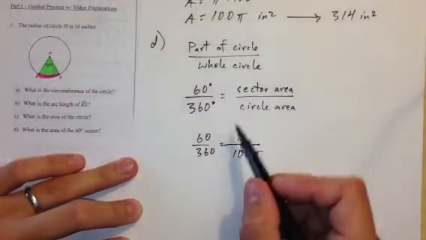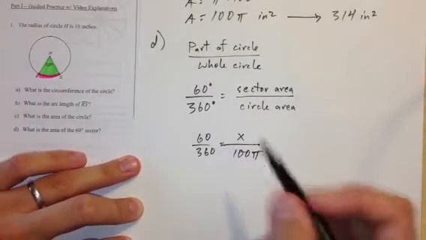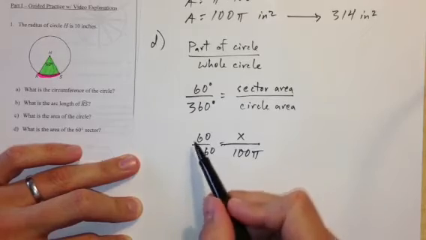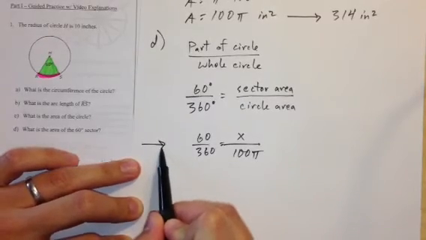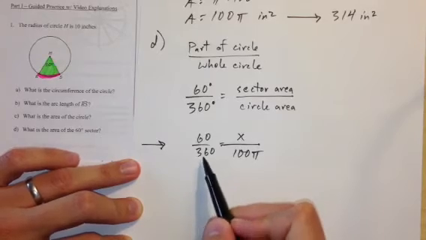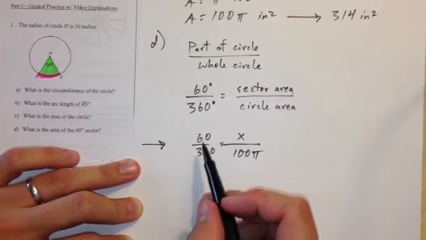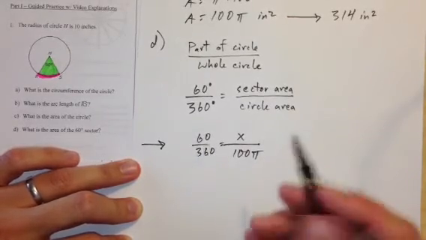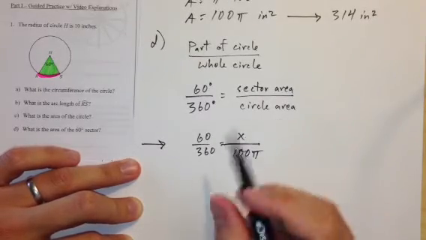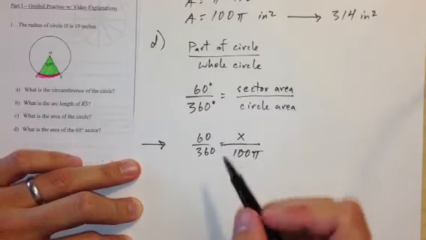Now we're going to cross multiply, and actually what you can do to make the numbers a little bit easier, you could simplify at this stage right now. You could recognize that 60 over 360 actually equals 1/6. That would make your life easier when you're trying to solve the proportion for x. But we won't do that right now in case you forget to do that.